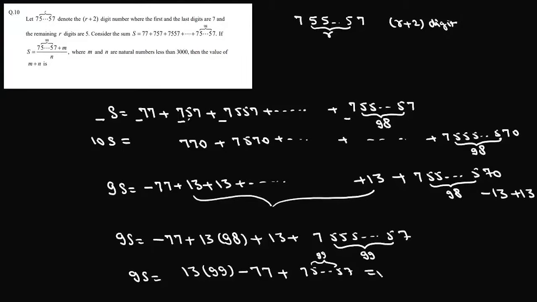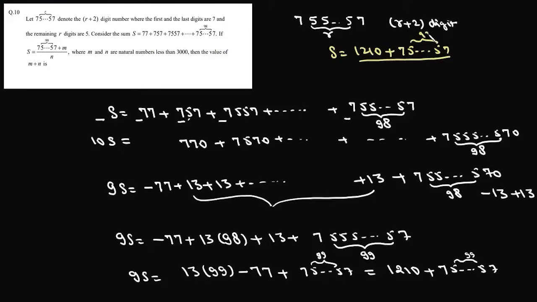So it will be 1210 plus 7, 5, 5, 5, 5, 99 times 7, or we can write this as 1210 plus 7, 5, 5, 5, 5, 99 times 7, whole divided by 9.